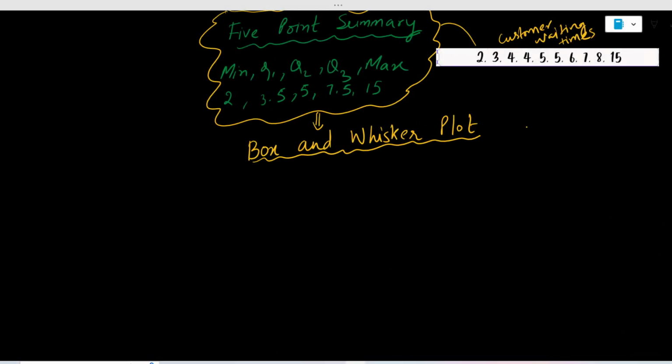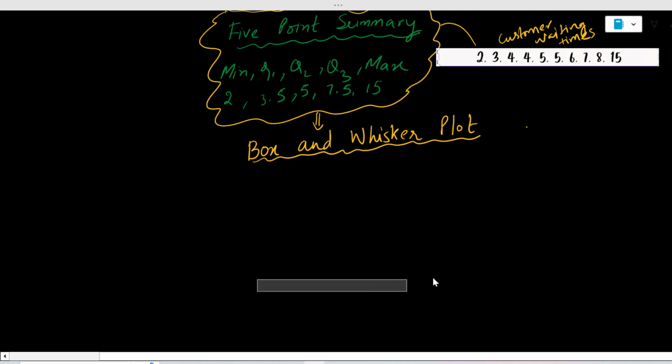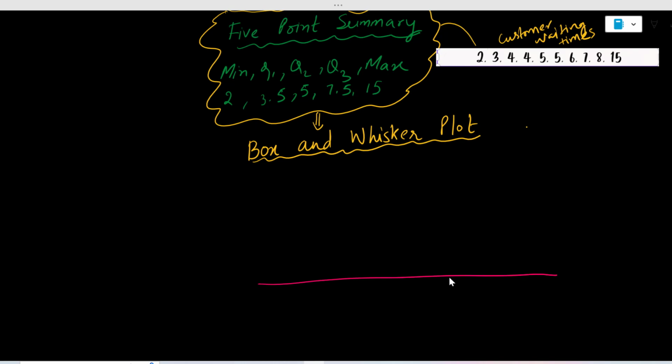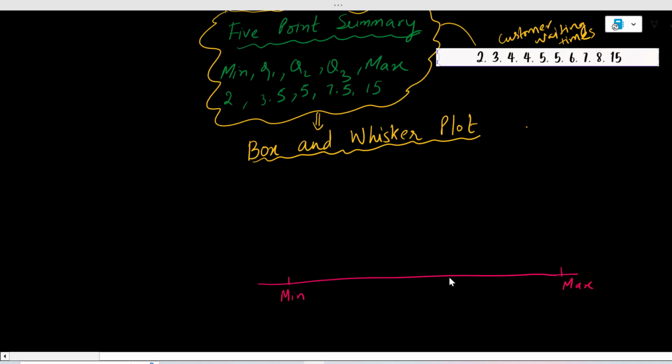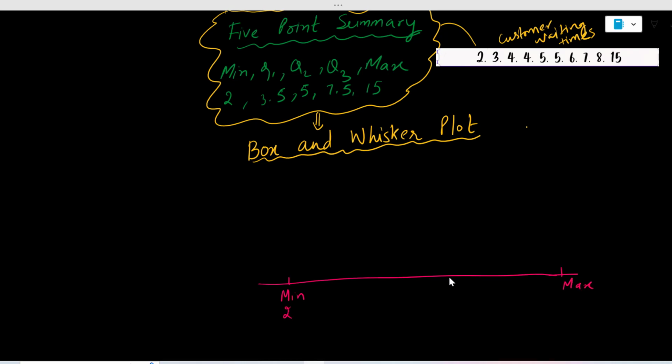Now we can visualize this 5-point summary with the help of a plot called a box and whisker plot. So let's draw a box and whisker plot for this 5-point summary. To draw this, first we will make a line and mark our values. So we have a minimum value and a maximum value, which is 2 in our case and 15 here.